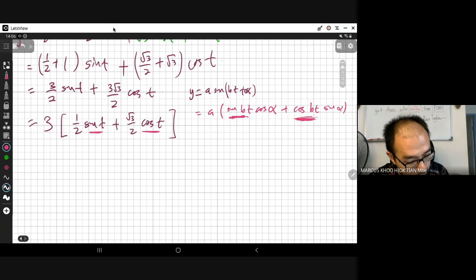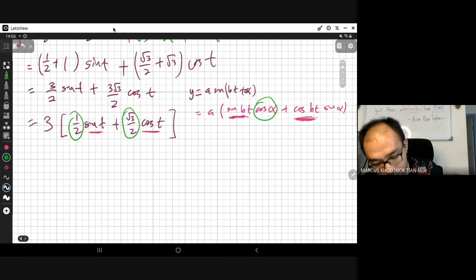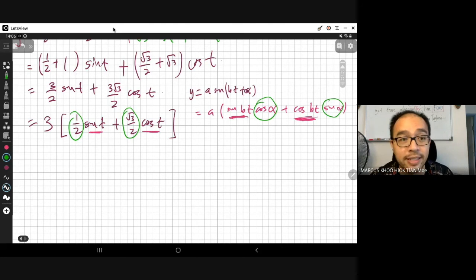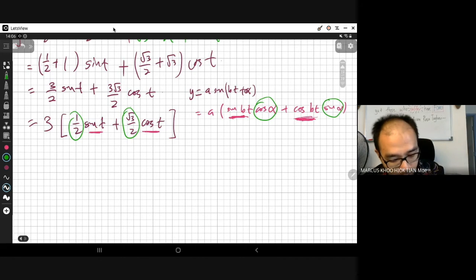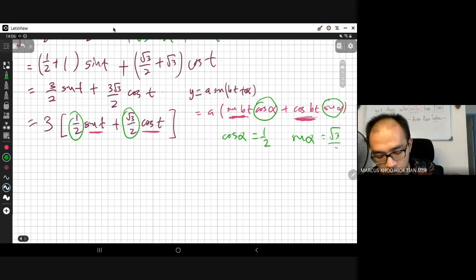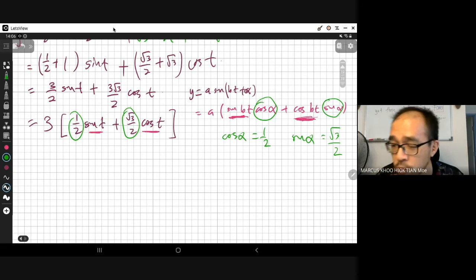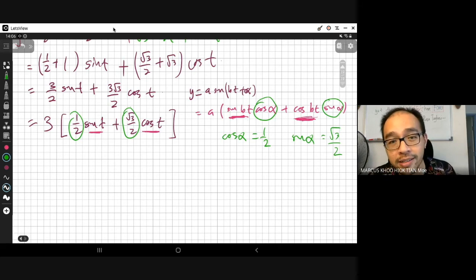What is the angle alpha that is suitable for this? We want cos alpha equals half and sin alpha equals square root 3 over 2. This is not an easy question. How many marks is this? Oh, no marks. Which angle is suitable?